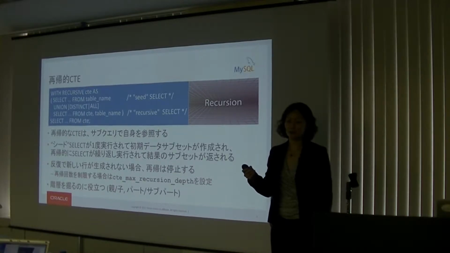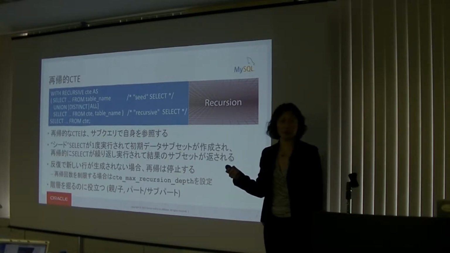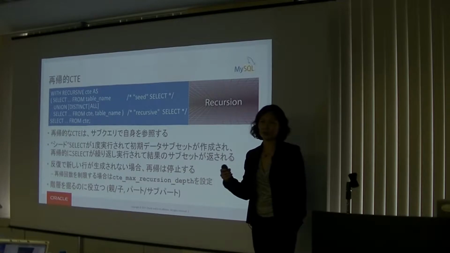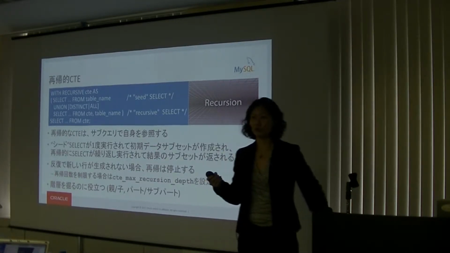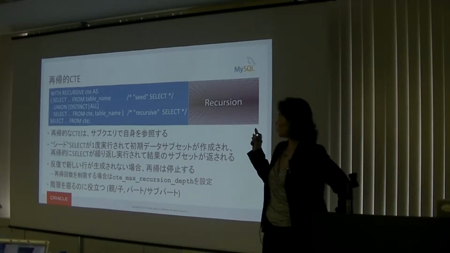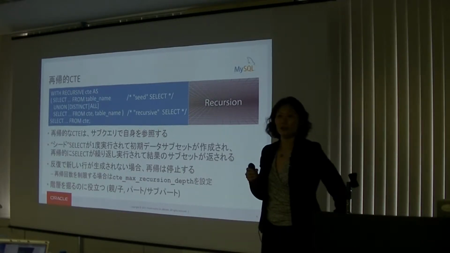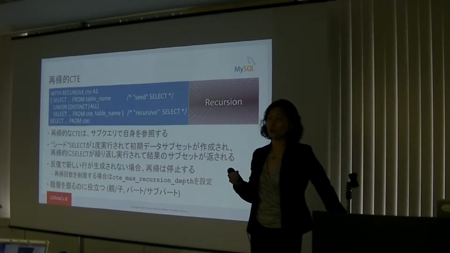CTE can be recursive or non-recursive. The non-recursive CTE is useful as a derived table, but it's really the recursive CTE that you can use to do things that are not easy to do by other means.